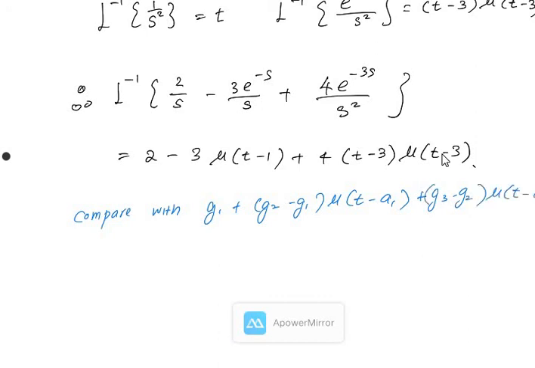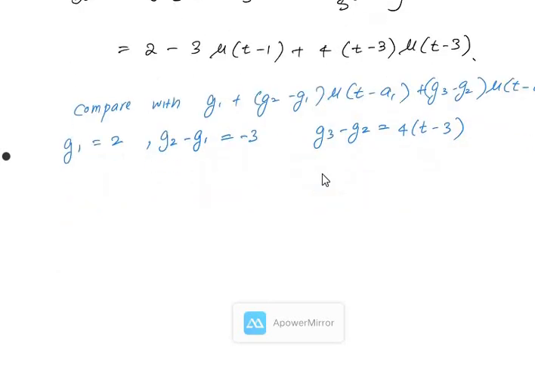This step is for you to convert from the unit step function to the step function. So g1 equals 2, and then g2 minus g1 we obtain minus 3. And then g3 minus g2 is equal to 4(t minus 3).